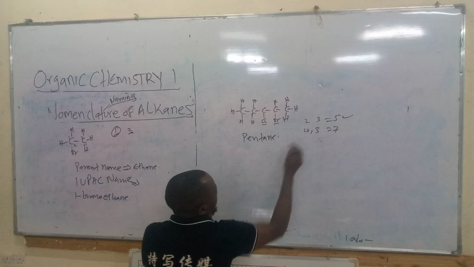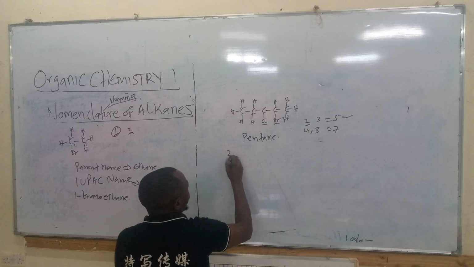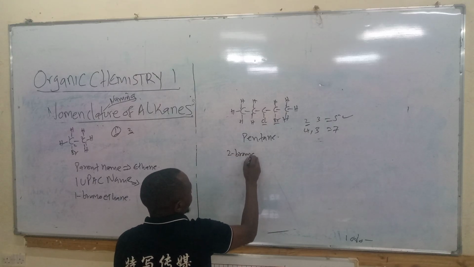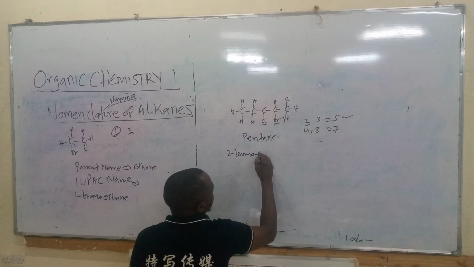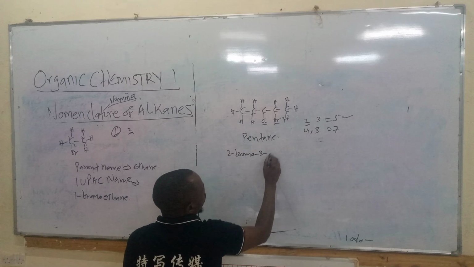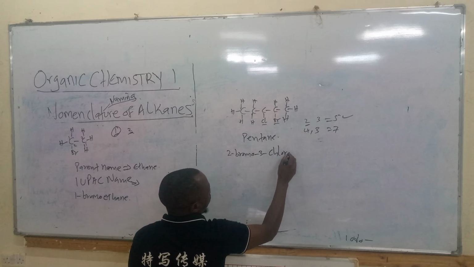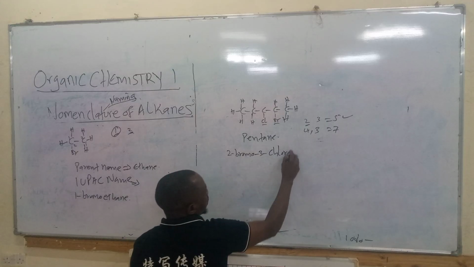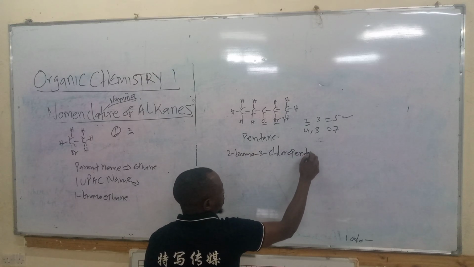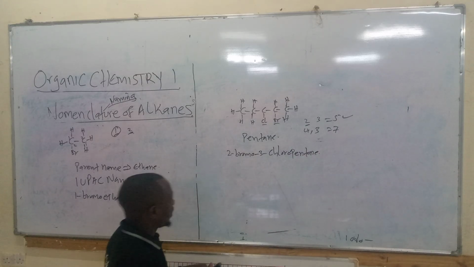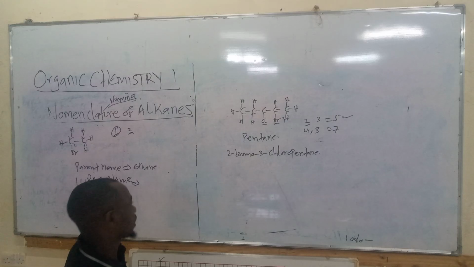The first one is bromine, so we shall have 2-bromo, and then 3-chloro, then the parent name, pentane. And that is the IUPAC name for that.